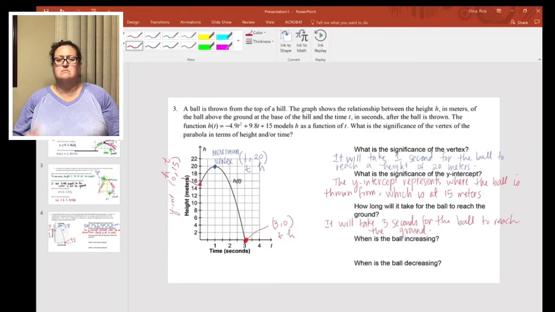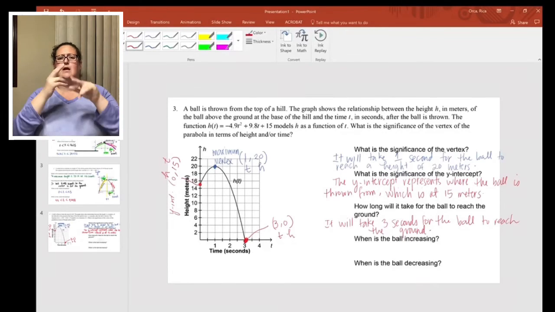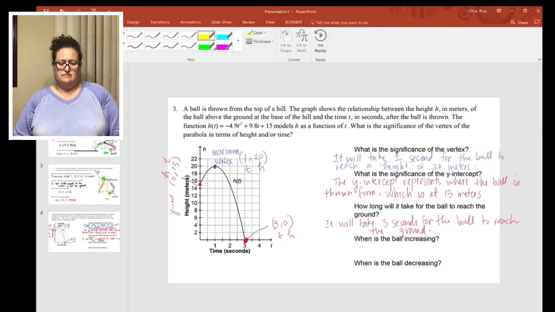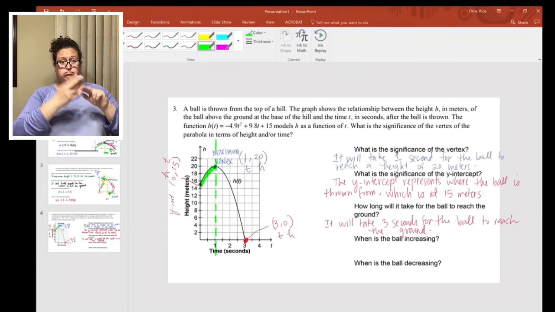Now let's look at increasing and decreasing. So I'm just going to draw my line of reflection or my axis of symmetry. That's going to help me determine where my graph is increasing and decreasing. So I know that my graph is increasing from 0, and I'm using my x values.